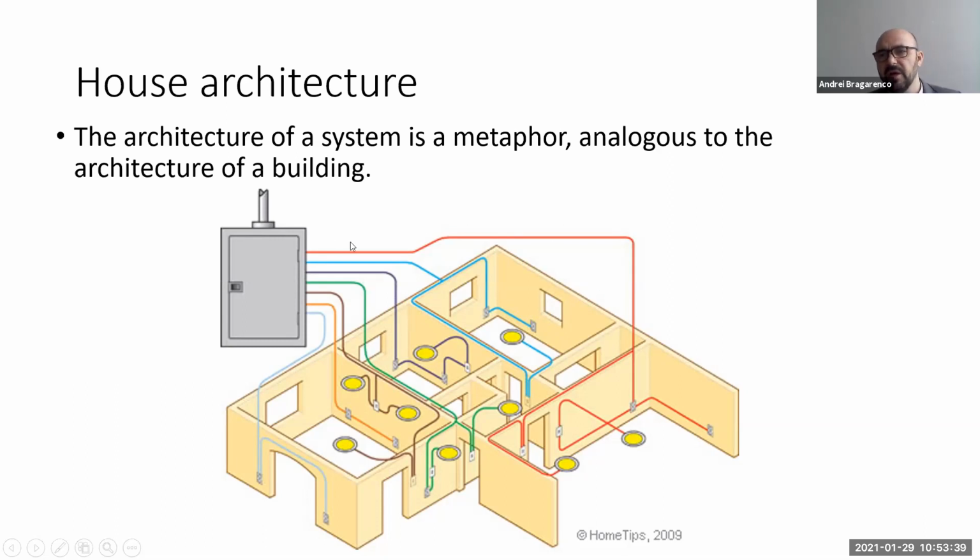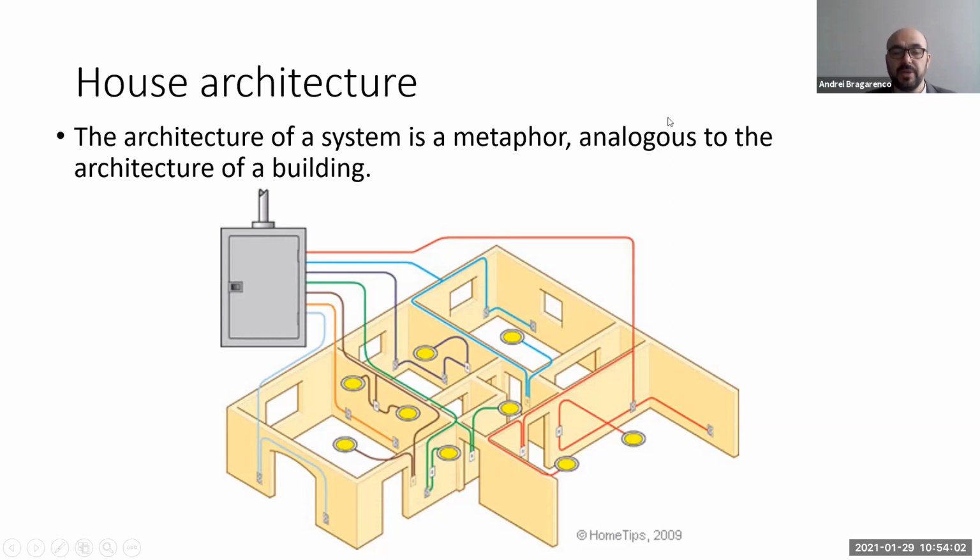After that, we have electrical engineering here. We have mechanical engineering that says the walls will be made of some material and so on. And this is completely similar to the building architecture.